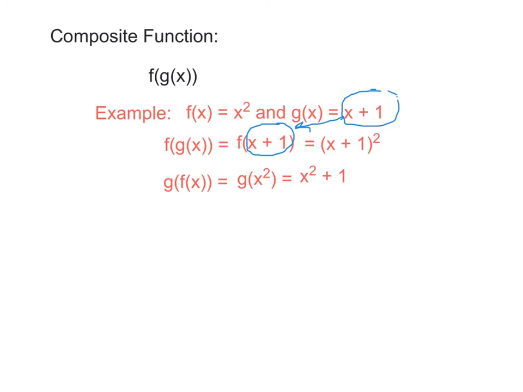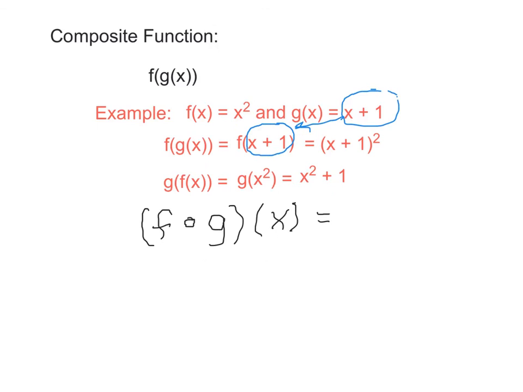What a lot of books do, and ours is one of them, is instead of writing it as f of g of x, they write it as f, in parentheses, with a little open circle, but to me this makes it look like the word fog, f of g of x.